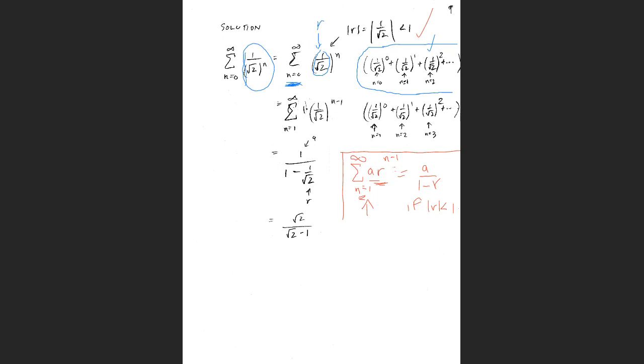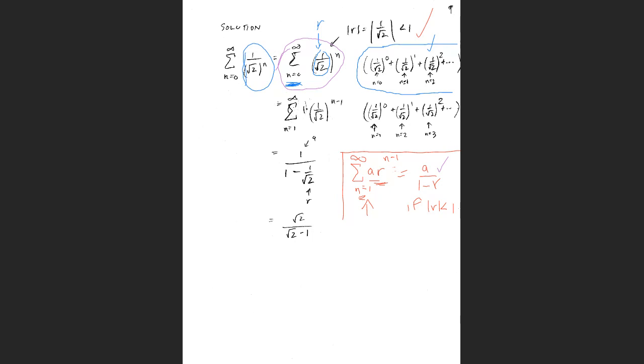And so there are 2 ways to find the sum. If you want to use the formula, you have to have your series start at n equals 1. So this series was given to you starting at n equals 0.